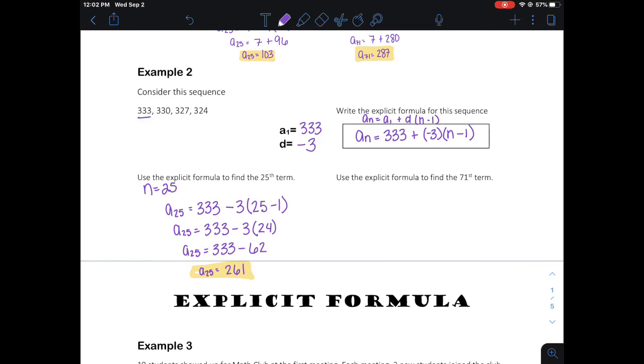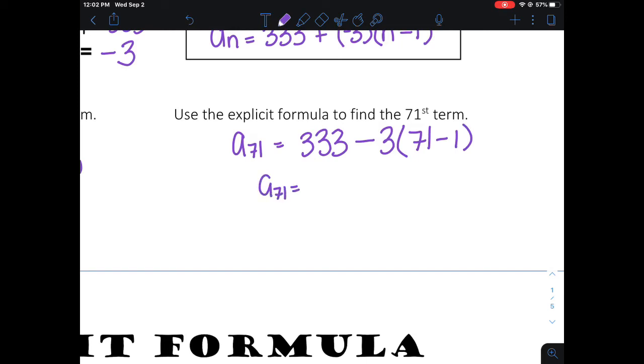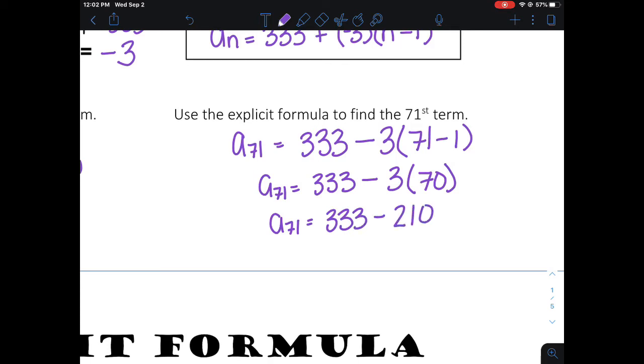So A sub 71 equals 333 minus 3 times 71 minus 1, 333 minus 3 times 70, minus 210, and we get A sub 71 equals 123.